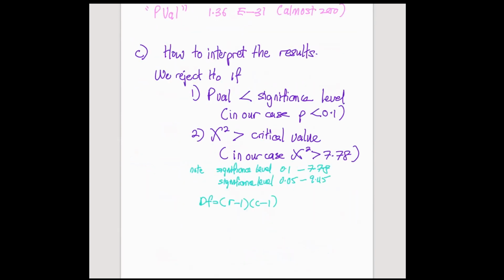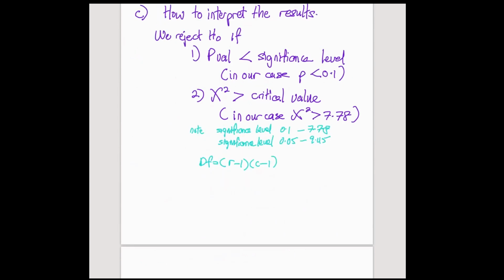First, we need to know how to interpret. In the case that the p-value is less than the significance level, our significance level was 10% here, then we will reject the null. Or in the case that the chi-square value is bigger than 7.78, then we reject the null.